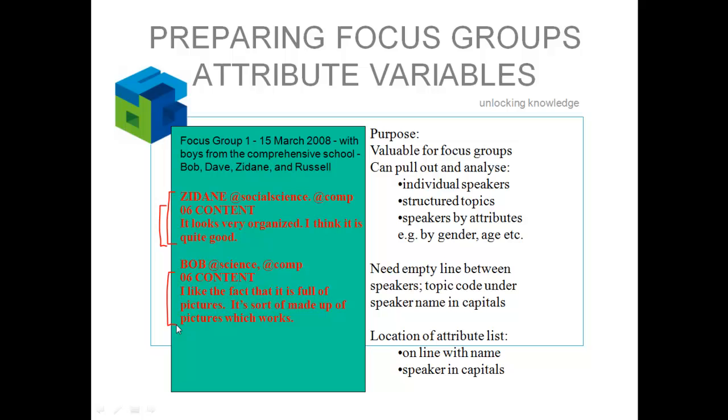And the same thing for coding for the variables that I have here, at social science, at comp, etc. So the auto-coding feature can be very useful if you have any structured data, but in order to use it, you do need to prepare your transcripts in this way with unique identifiers and spaces in the correct place so that it would code exactly the bit of text that you wanted to code.